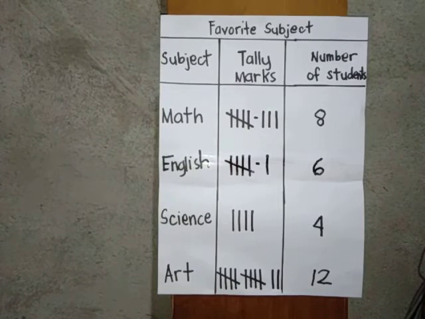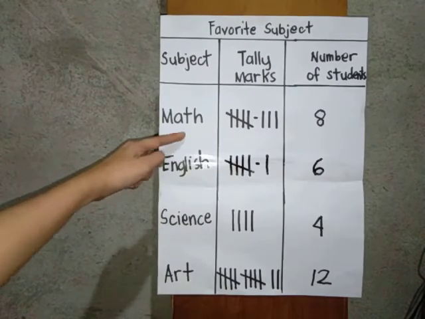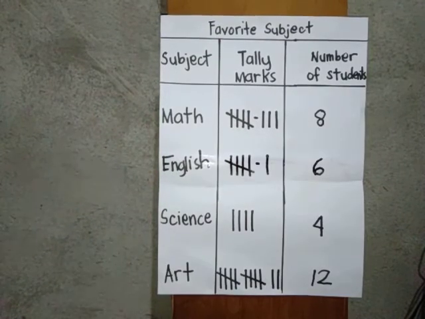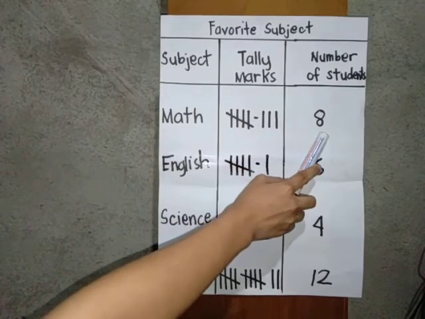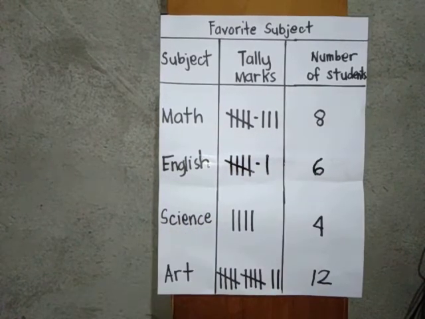But if you will organize the data, you need to count how many students choose math as their favorite subject, and you will use tally marks before writing the number of students. Did you understand? I hope you understand.